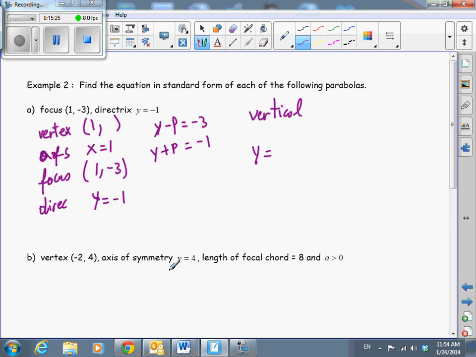The best way to solve this is add both lines and see what you get. Negative p plus p is zero. Y plus y is 2y. So 2y will be equal to negative 4. So y is equal to negative 2. So now I know that this is negative 2 here.